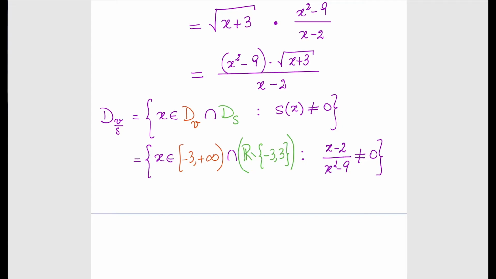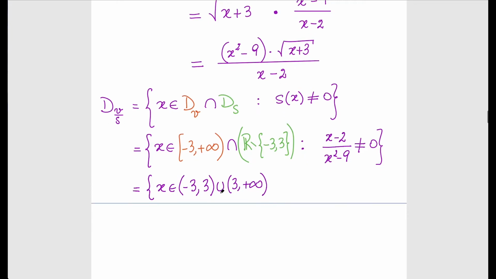So how would you write this? This means the collection of all real numbers that are bigger than -3 and not equal to 3. So -3 to 3, union 3 to plus infinity. Am I correct on this?